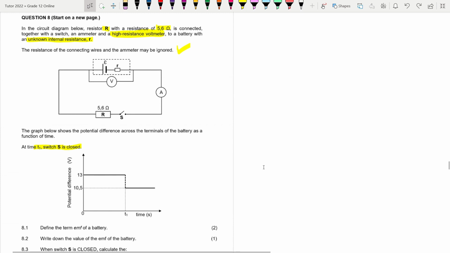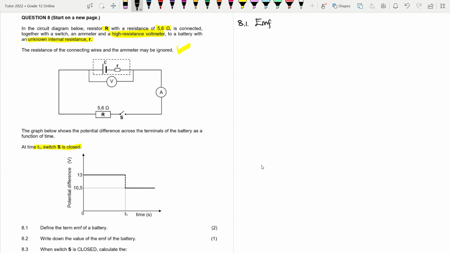Define EMF of a battery. These are your definition questions. We talked about it, I think, during our last session.